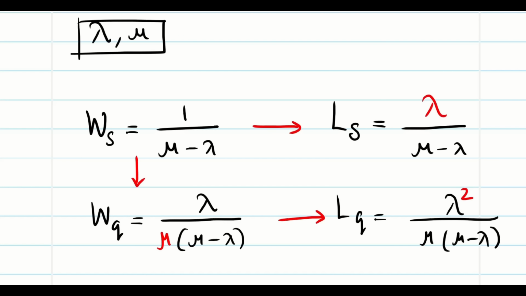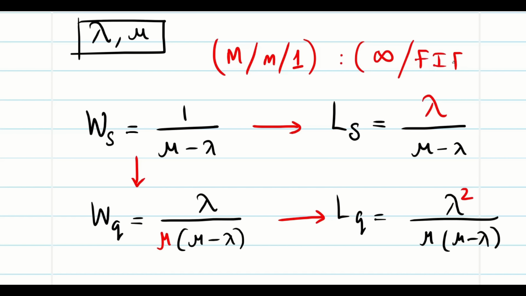So now we learn different models. This is the case for M/M/1, infinite capacity, FIFO. These are the formulas. Similarly, in the forthcoming sessions, I will tell the formulas for the other models.